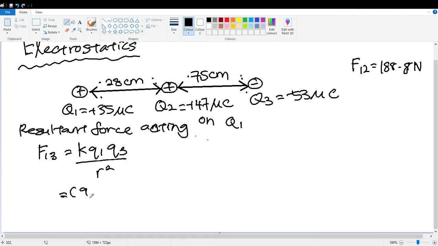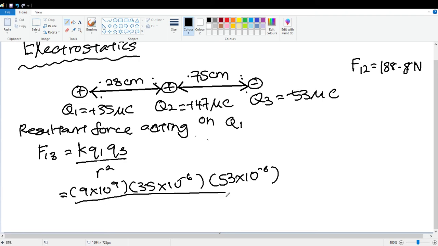So my K is 9 times 10 to the power of 9, my Q1 is 35 times 10 to the power negative 6, and my Q3 is 53 times 10 to the power negative 6. To be reminded, the negative sign of this Q3 is not required for the magnitude of the force, so it can be neglected in the calculation of the electrostatic force.